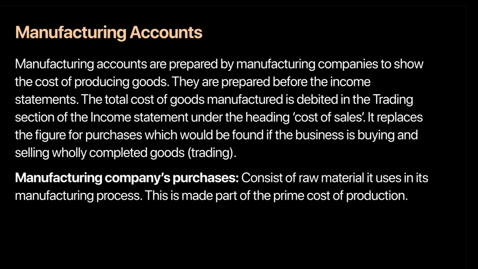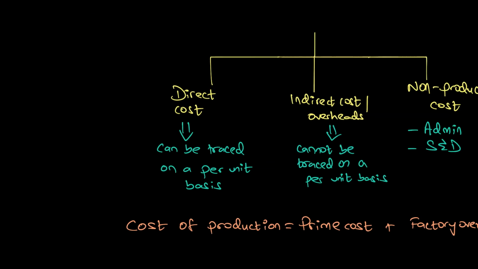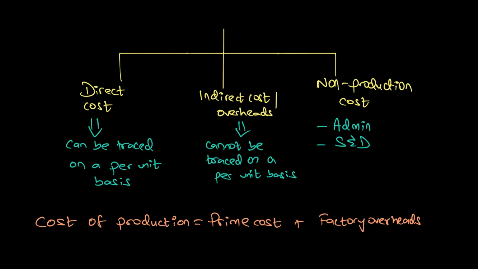Before we go ahead with this, let's quickly recap something we learned in AS absorption level as to how cost can be classified under absorption. If you remember back from AS level, we would divide our cost as direct cost and indirect cost.